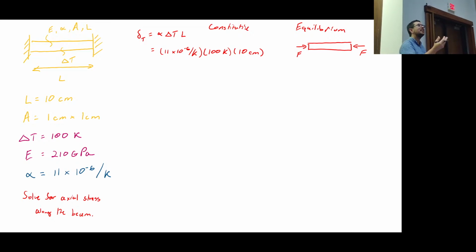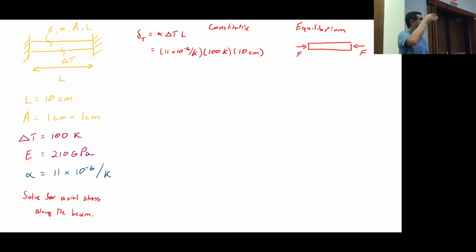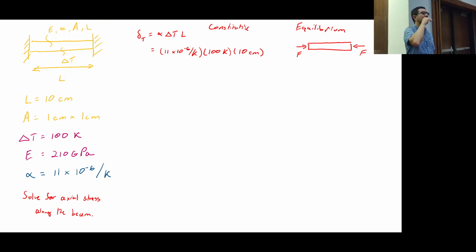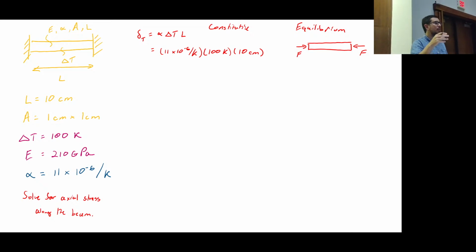There's nothing being applied along this member, and we're assuming that it has the same cross-sectional area. But even if it didn't have the same cross-sectional area, or it didn't have the same elastic modulus, we would be confident in saying the force is going to be the same on either side. Okay, and the force inside is going to be the same as well.